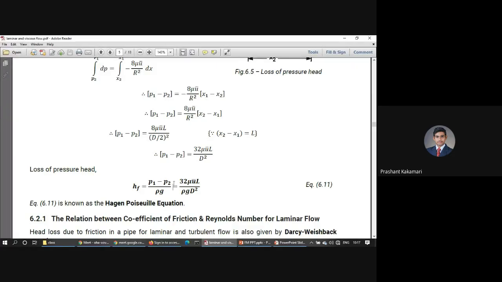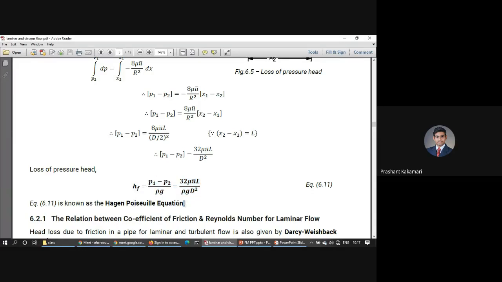And then finally, we write this equation, that is, P1 minus P2 by rho g as 32 mu into average velocity into length divided by rho g d square. So here we have divided both sides by rho g. Okay, so this equation is very important for us to solve the numerical examples, and it is called the Hagen-Poiseuille equation.